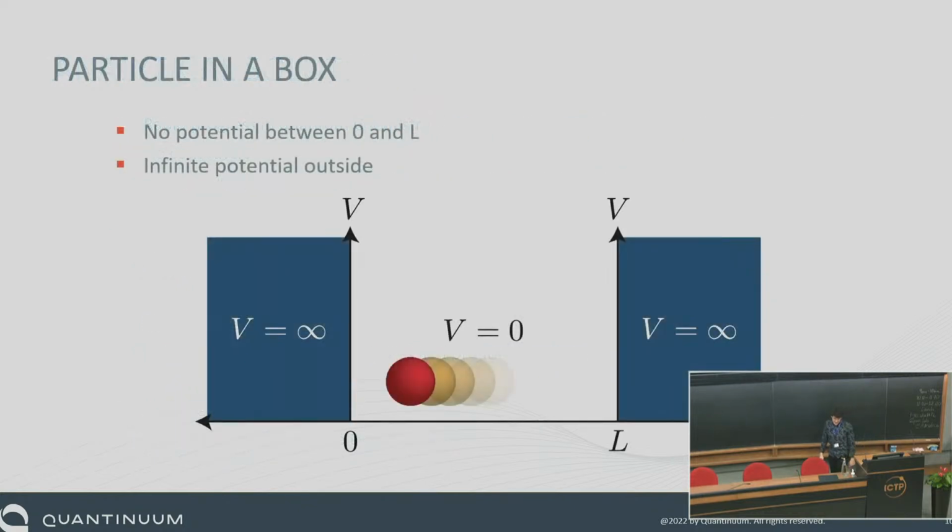Okay, so the first analytical solution of the Schrodinger equation is this quite simple model, where you essentially have this 1D dimension, and then you have these infinite potentials, and then you have 0 potential between 0 and L. You can see the kinetic energy is represented by this cool drawing that I made.